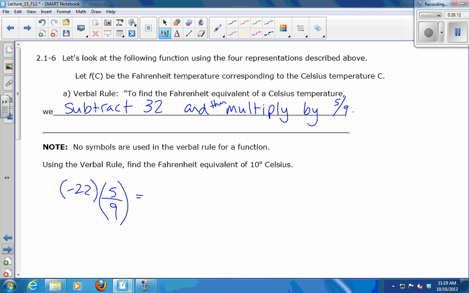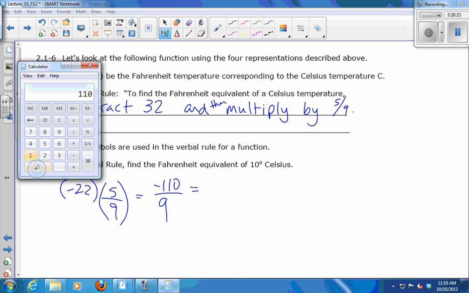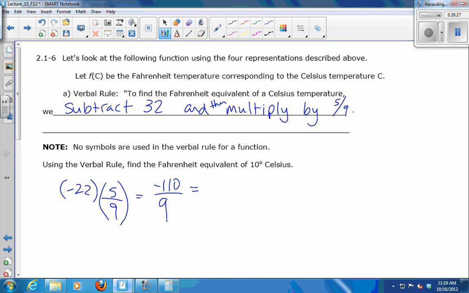So that would be negative 110 over 9, which is about negative 12.22 degrees Fahrenheit.